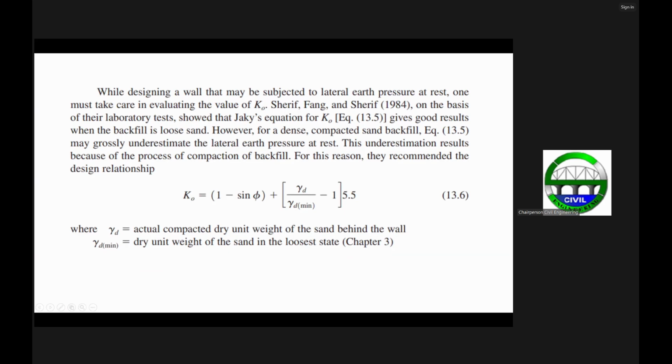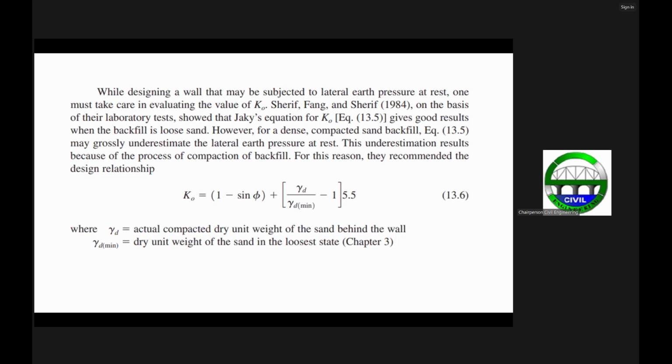However, if you have a dense, compacted sand backfill, then that equation may grossly underestimate the lateral earth pressure at rest. And this underestimation is due to the process of compaction of backfill, which we normally do. In construction, when you backfill a material, we normally compact the material.